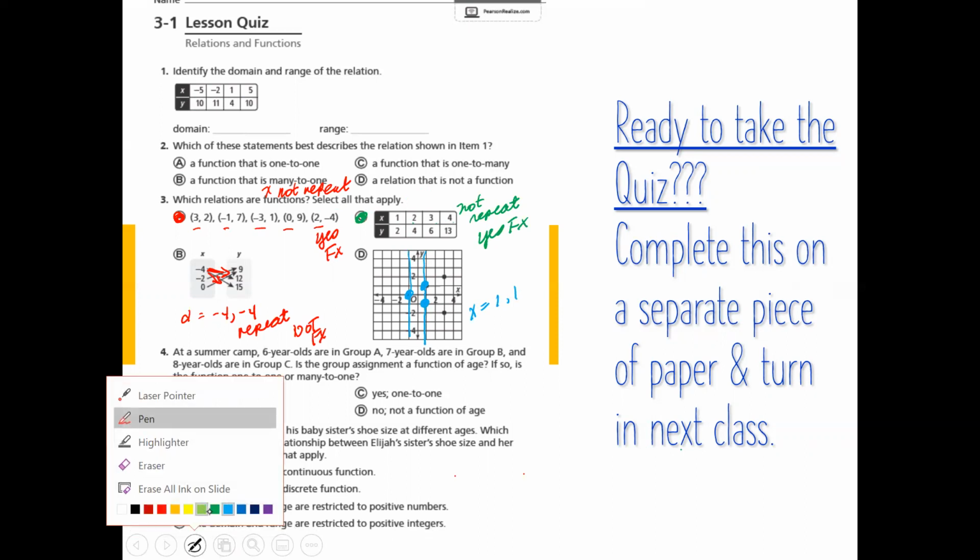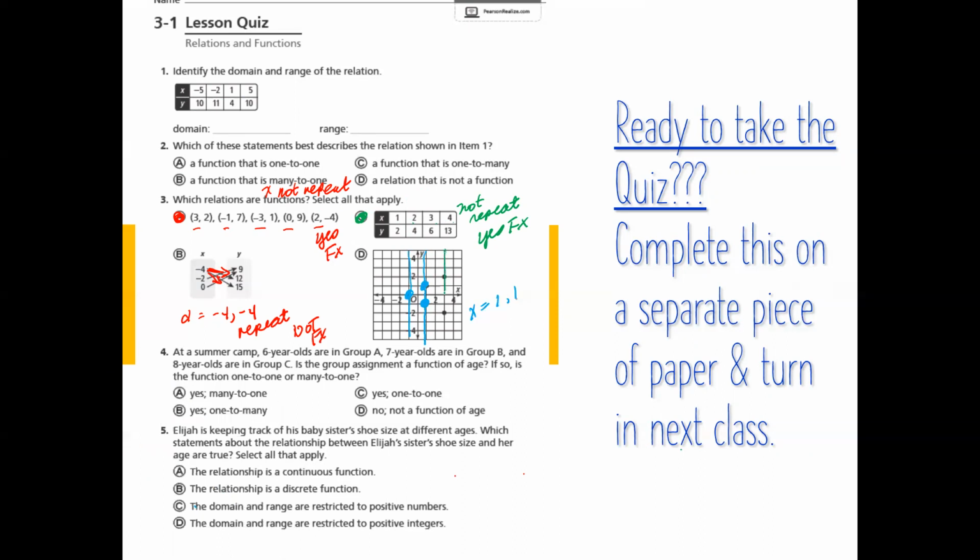At the same time, if I draw a line here at 3, you see how it's repeating? So my domain includes 2 1s and 2 3s. So it's not a function because the x is repeating. So my only answers for number 3 are A and C.